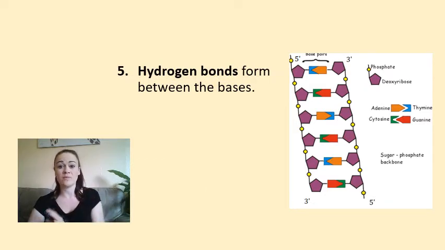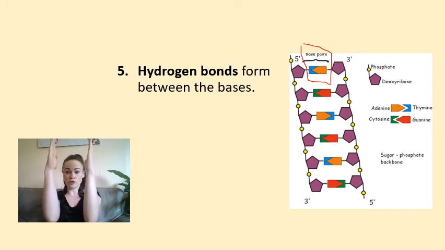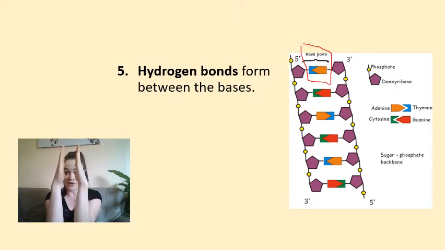Once we've got all our bases lined up, we now need to form hydrogen bonds between the base pairs. So we've got the old strand, we've got the new strand, and we're going to have to get our hydrogen bonds in between the two strands. This is going to bring our two strands together.